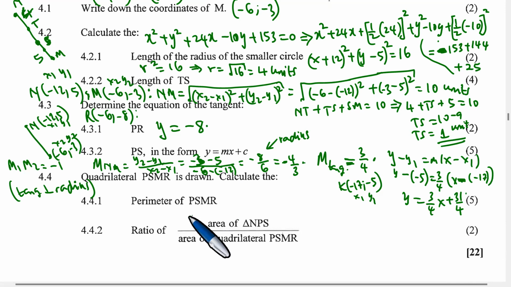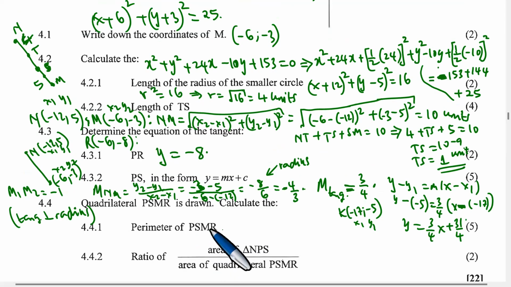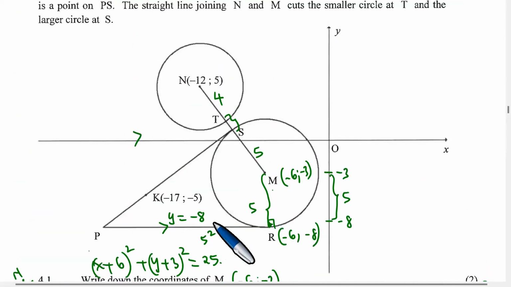Next, we want the perimeter of PSMR. Let's look at PSMR, the perimeter. Here you already know it's 5, and this one you already know too.